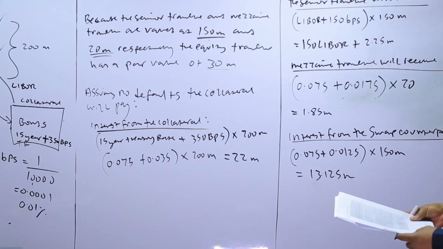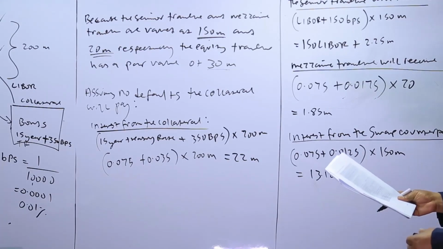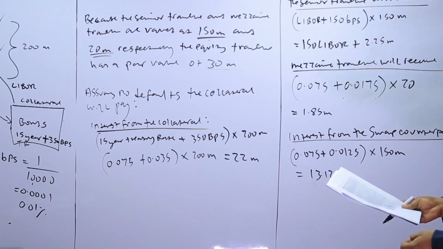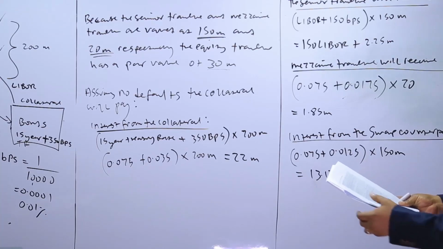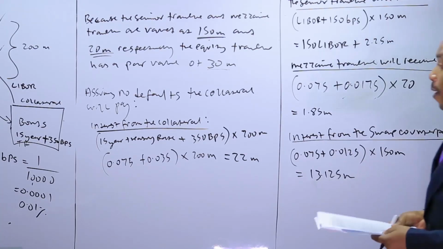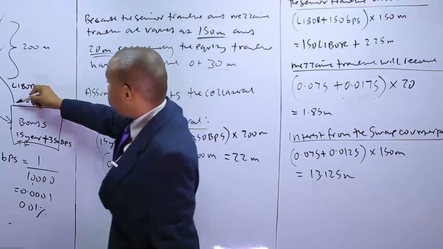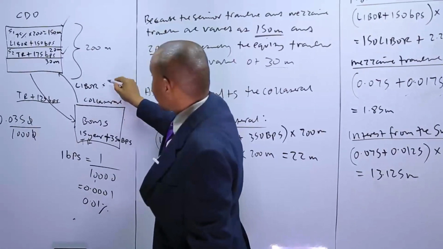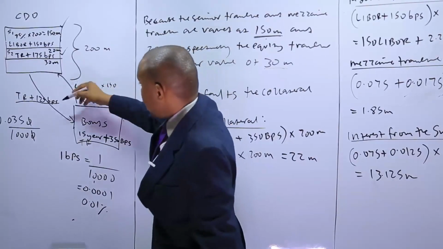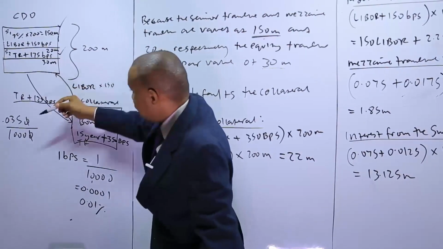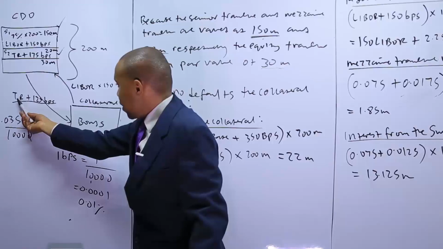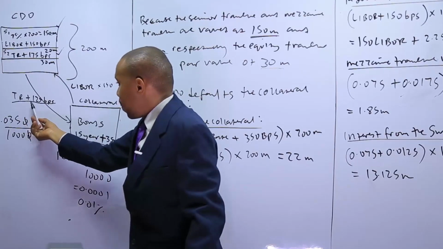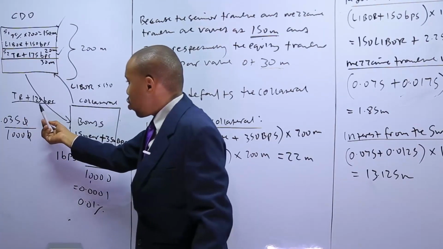So how much will the swap counterparty receive? The swap counterparty will receive this. So this is how much it will receive, and this LIBOR will be based on the 150 million that has actually been transferred. So this treasury rate over here, TR is 0.075 plus 125 basis points is 0.0125.